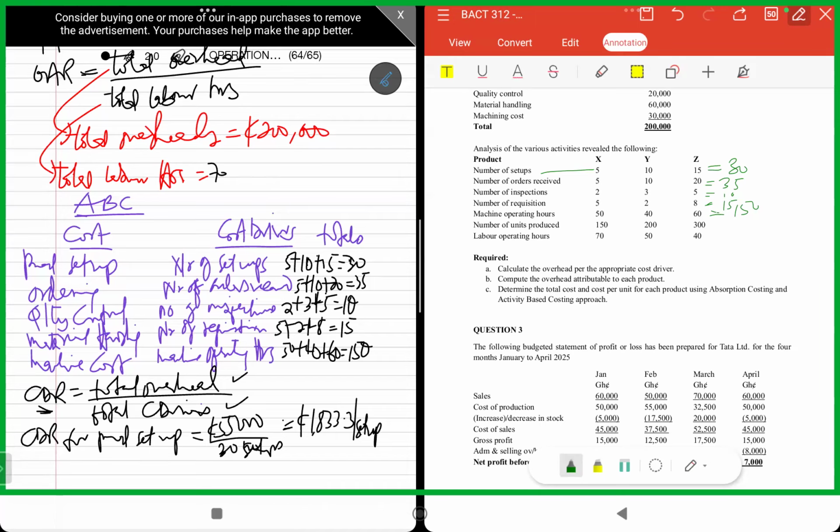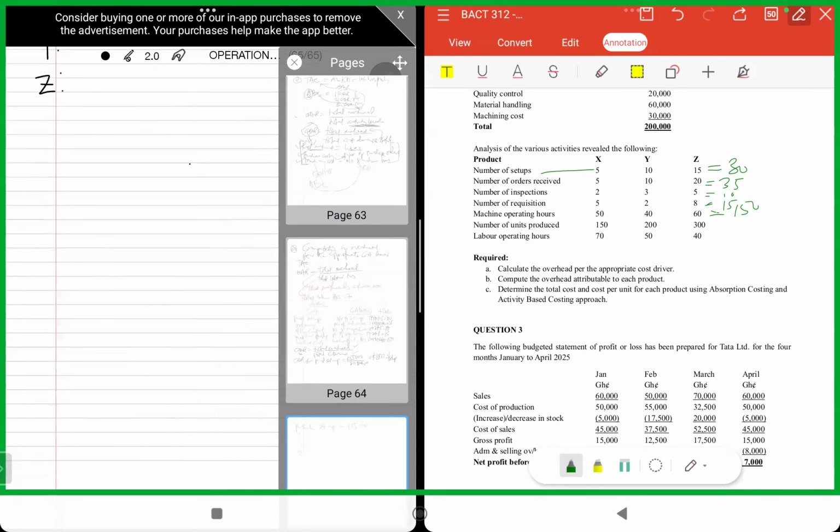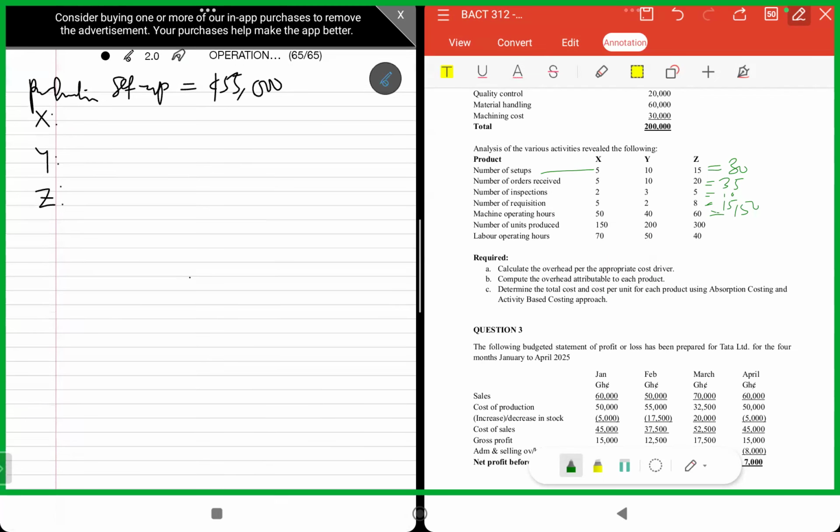So watch. When I pick for X, which is 5 number of setups, I'll divide it by the total 30. When I pick for Y, which is 10 number of setups, I'll divide by the total 30. When I pick for Z, which is 15 number of setups, I'll divide by the total.